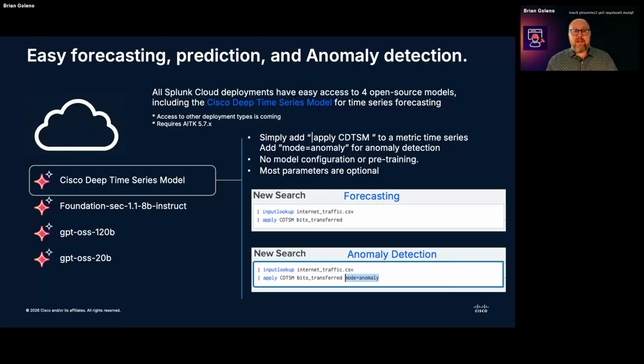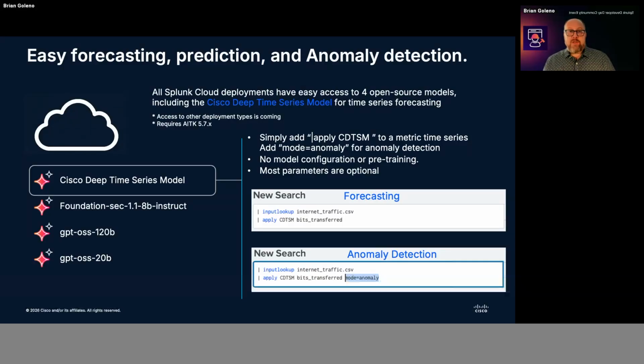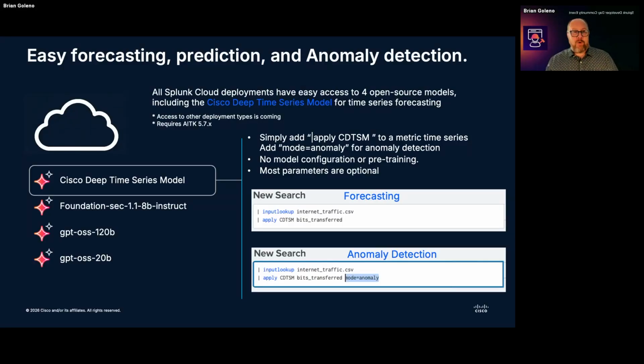That simple. Now, this view doesn't show any of the parameters. There are additional parameters that you can choose to use to control things like the forecast length or a holdback period or the confidence intervals or the quantiles that you want to see. But those all have defaults, so you can keep it simple and only modify it when you want to get a little bit deeper. Anomaly detection is known as a realm of complexity.